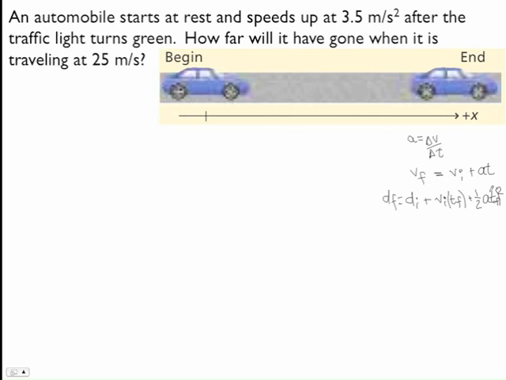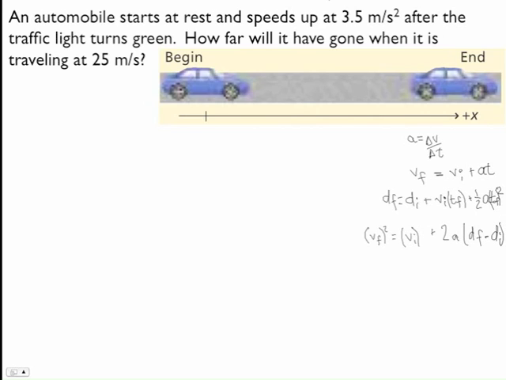So I can try and put that in parentheses. I hope that's not too hard to read. And then you have VF squared equals VI plus 2A DF minus DI. Okay.